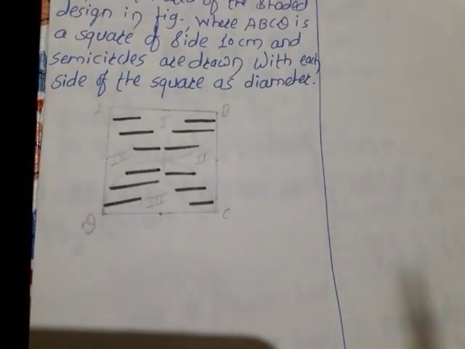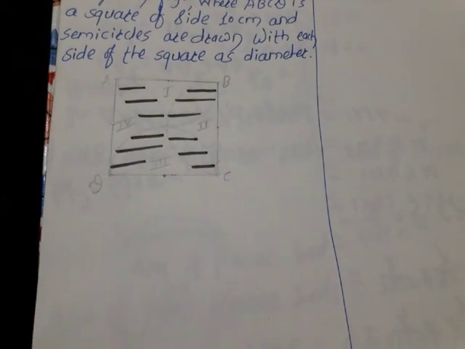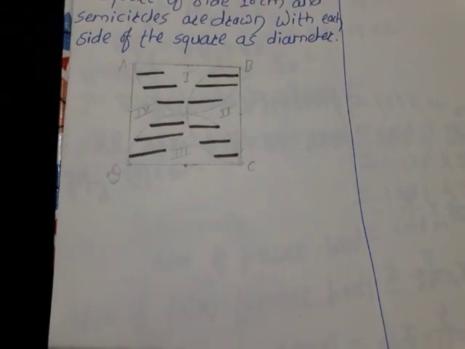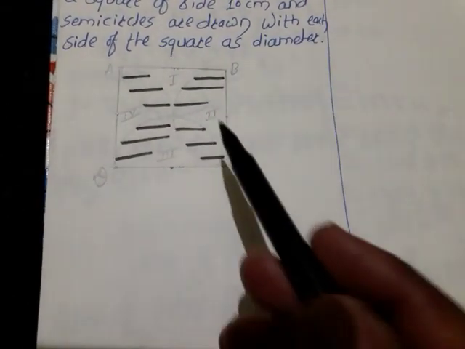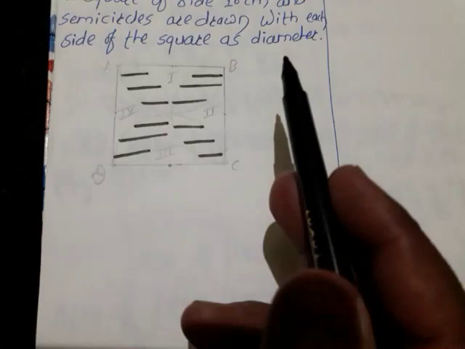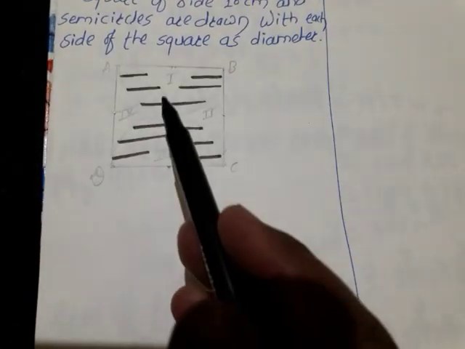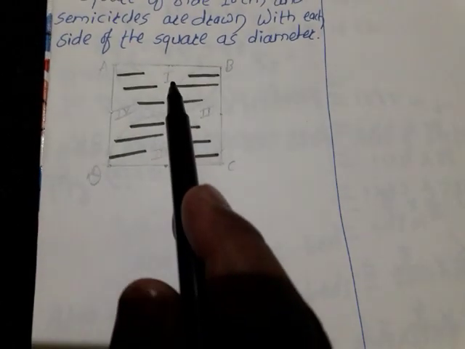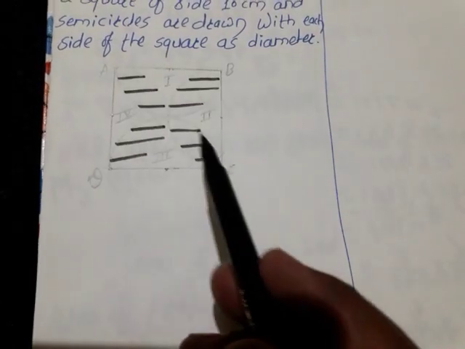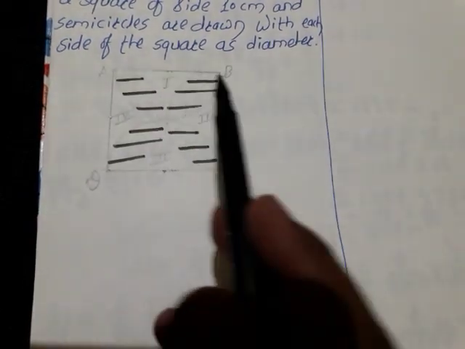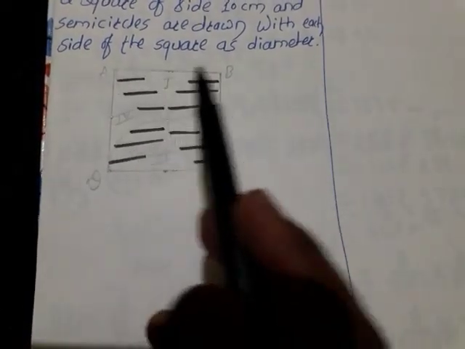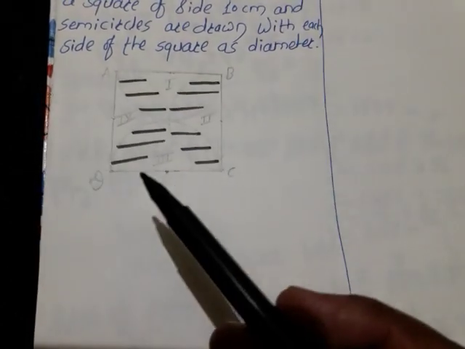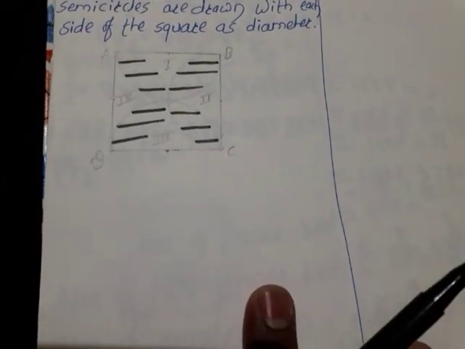Then the remaining area will be the area of the shaded region. So first we have to find the area of the square, then the area of those 4 white portions, which are not marked, and subtract it from the area of the square. We will get this design, the shaded region.